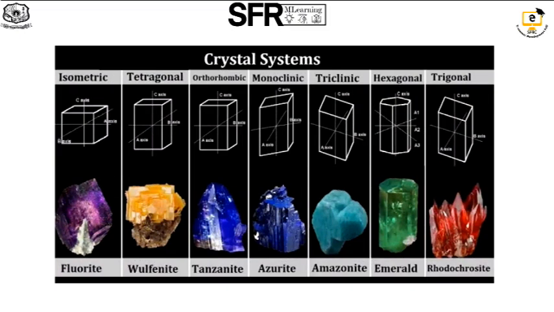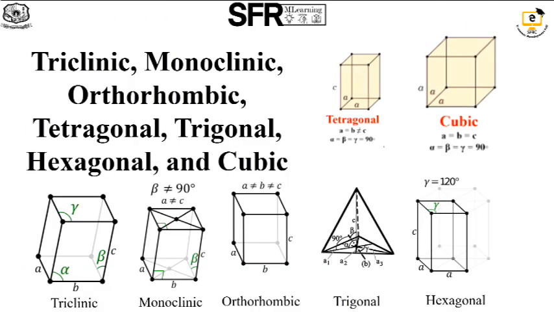So, these are the 7 crystal systems: cubic, tetragonal, orthorhombic, monoclinic, triclinic, hexagonal and trigonal. These are examples of the corresponding crystal systems. The cubic system is found in fluorite, the tetragonal system in wolframite, the orthorhombic system in tanzanite, the monoclinic system in azurite, the triclinic in amazonite, hexagonal in emerald, and trigonal in the rhombohedral systems.